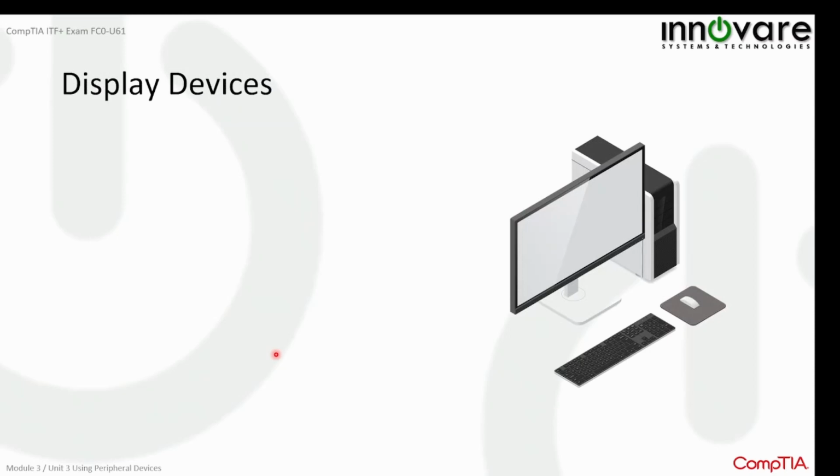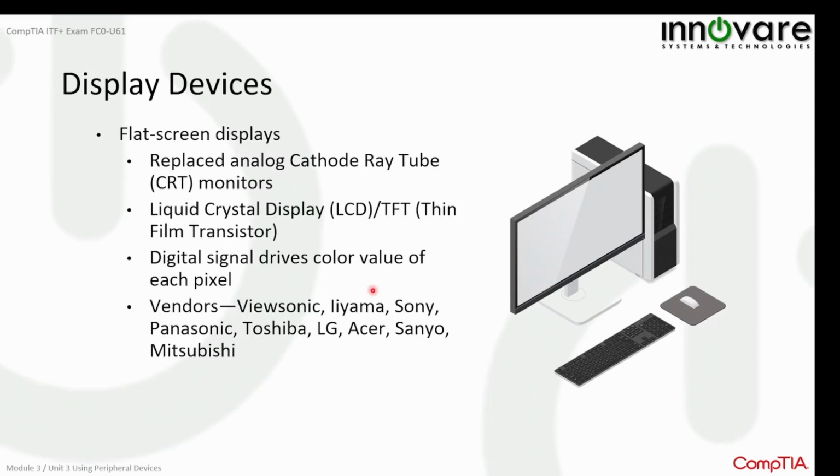Those are peripheral devices that we plug into the computer, of course. When we say monitors, there are flat screen displays now. The CRT ones, the cathode ray tube, are what monitors were still called. The flat screens are digital and replaced the analog ones, the heavy ones that look like a TV. Then the LCD came out, also called TFT, which stands for Thin Film Transistor.